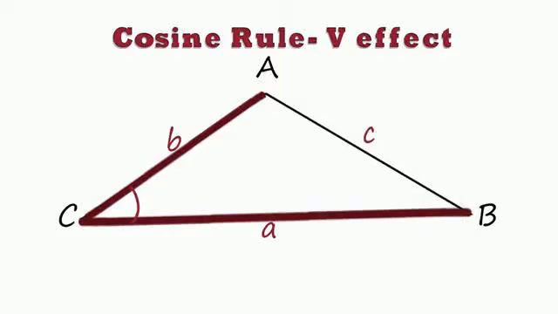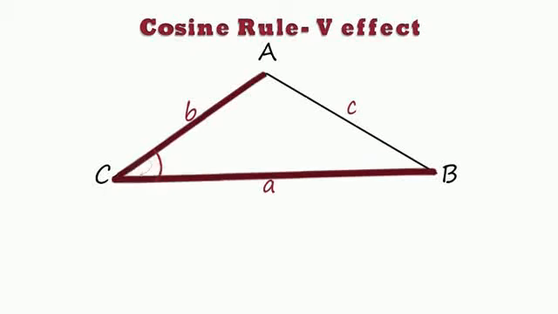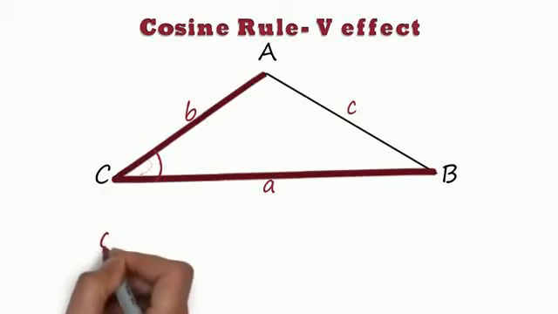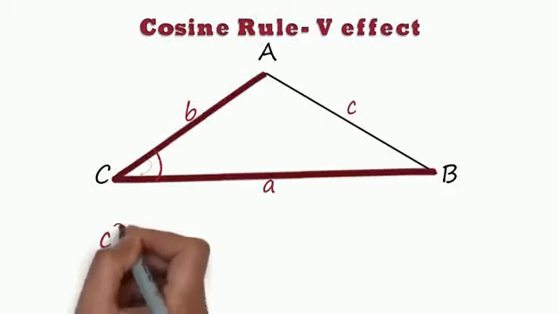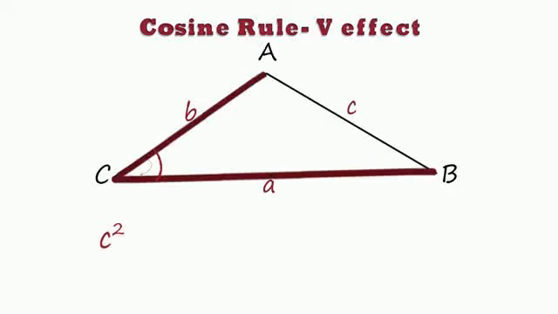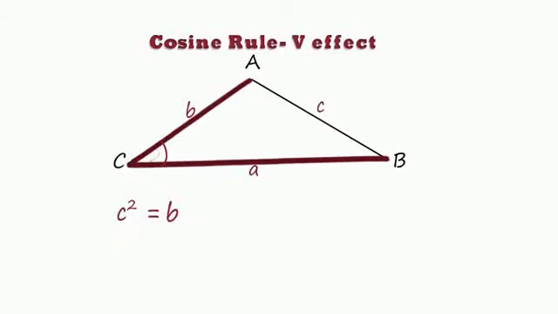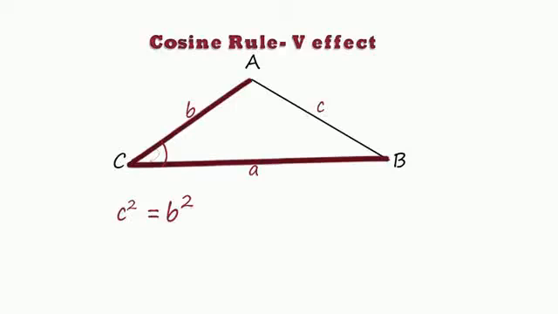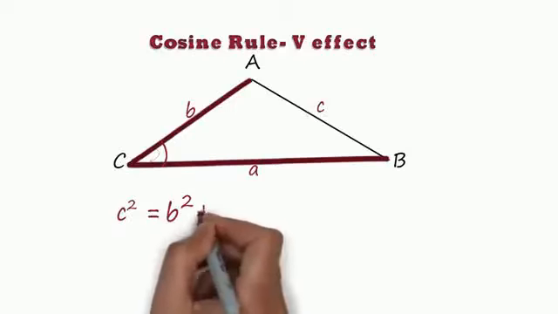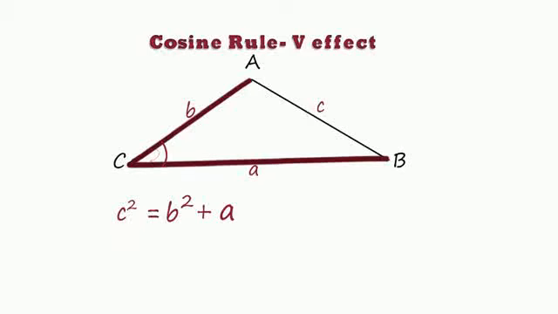So we have A, B, C, and the sides represented by the small a, b, c. We want to write the cosine formula using the V effect, to find c. c squared is equal to b squared, the first part of the V, highlighted in red, plus a squared, also highlighted in red.